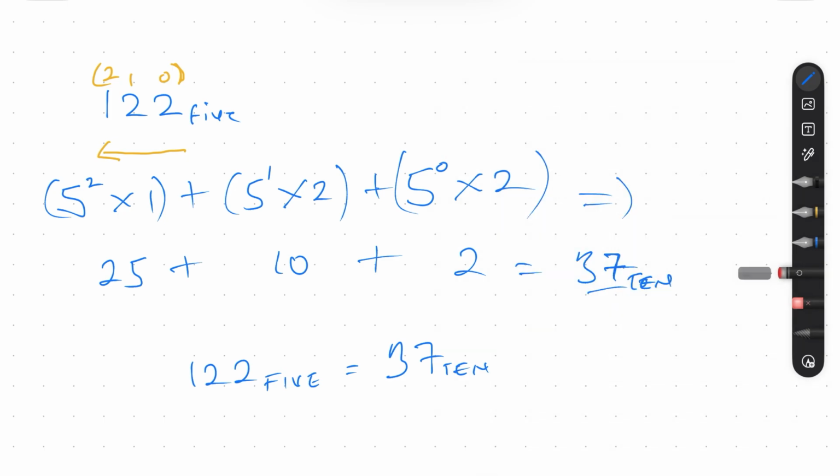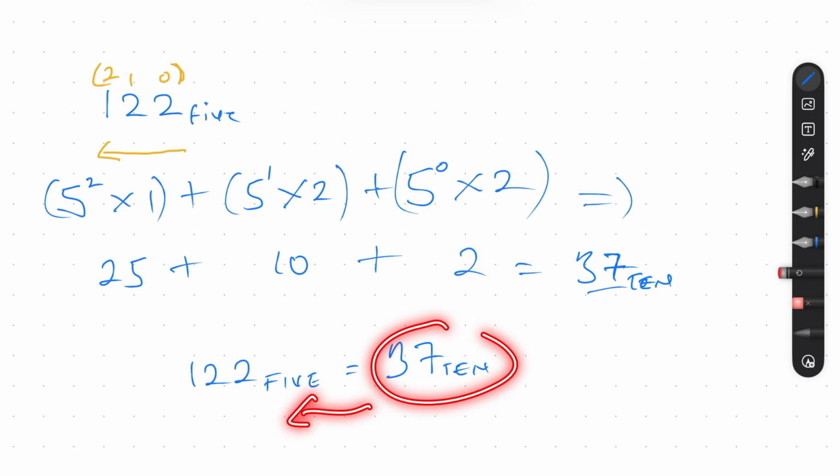From base 10 back to base 5. So how do we do that? That is very, very simple. The base we want to change to is what? Base 5. We want to change our digits, which is 37 base 10, to base 5, right?